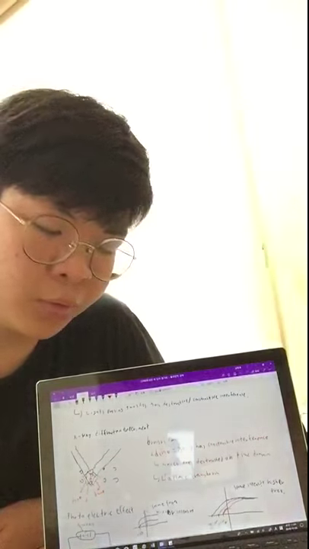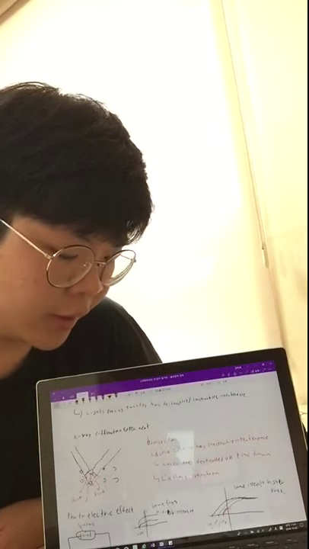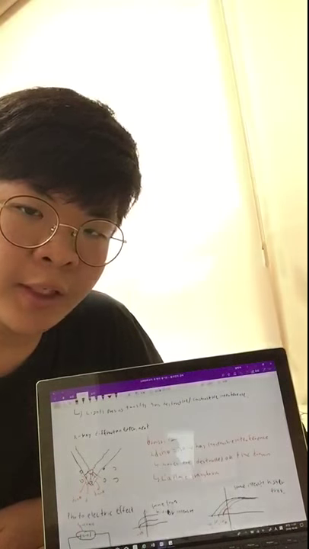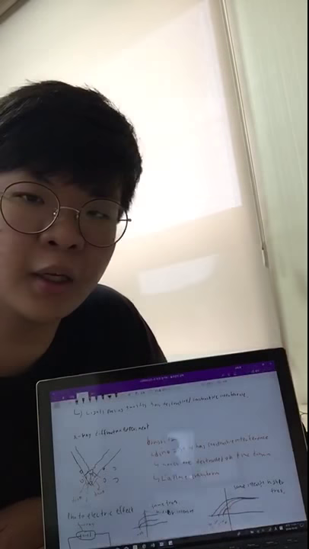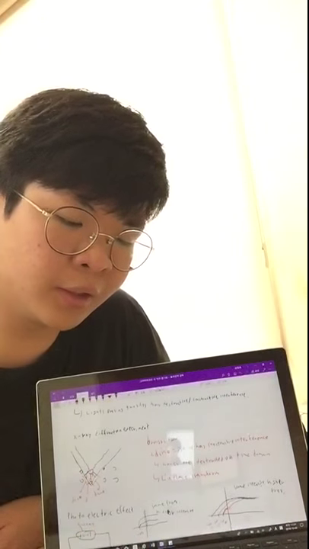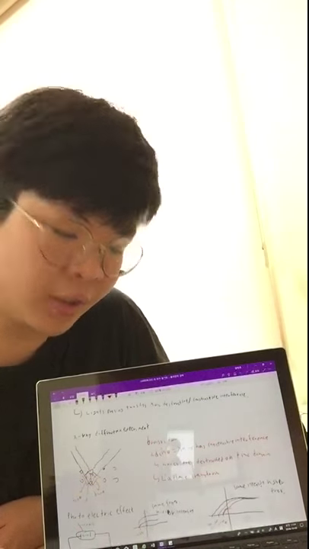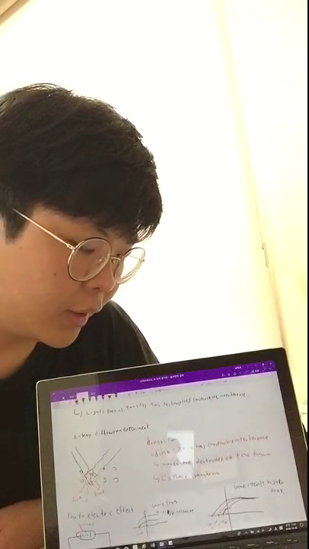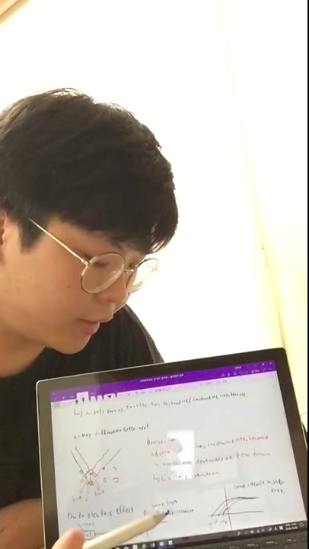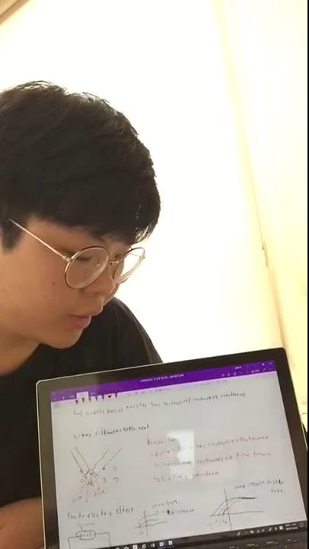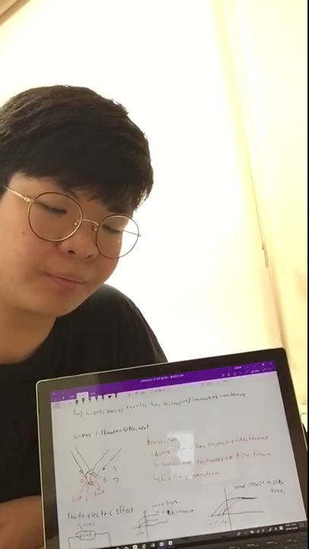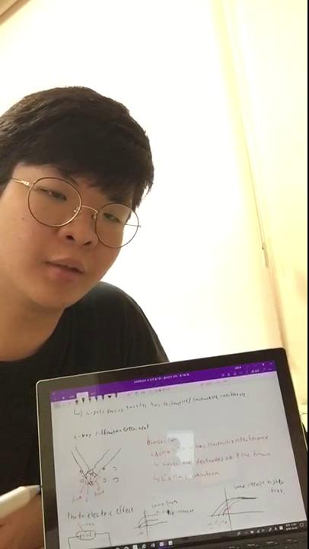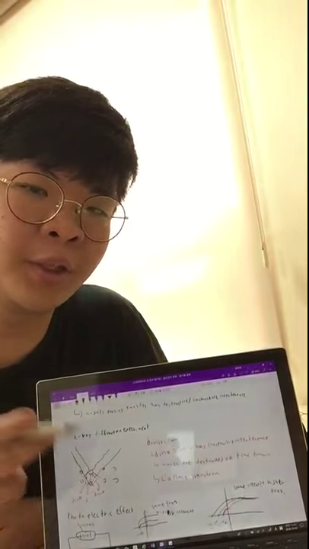If two times the distance and sine theta, which is the angle between these two slits, is integer times lambda, there is a constructive interference between them.